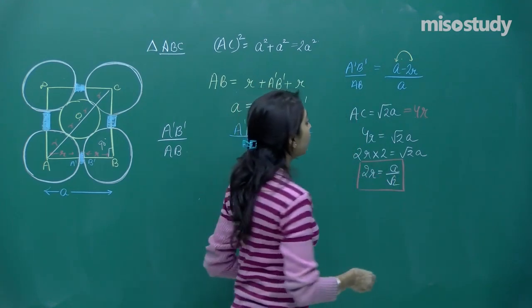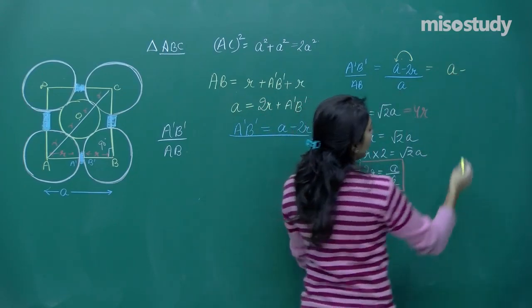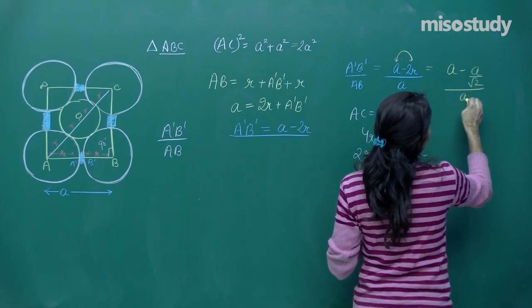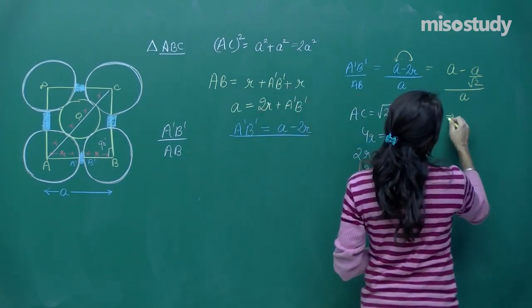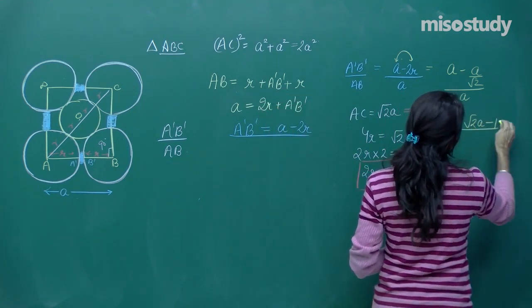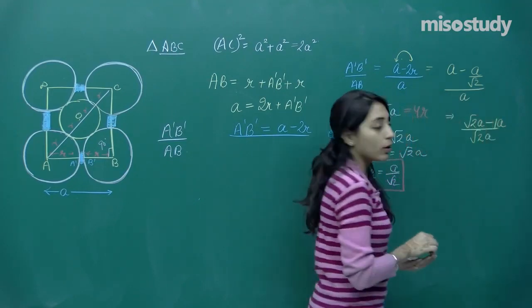Substitute the value here. So you will get A minus 2R will be A minus A by root 2, divided by A. Am I right? So you will get the value as root 2 minus 1 divided by root 2. Cool enough?